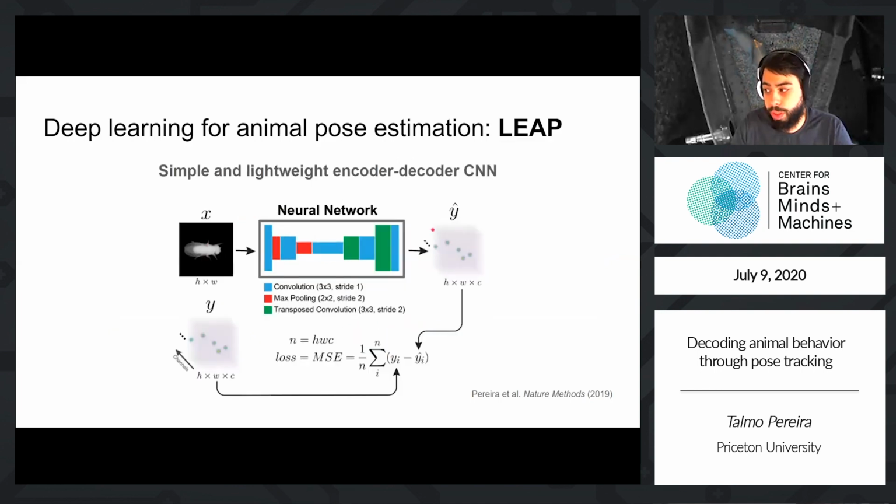Getting into the details here, the idea was to create a simple and lightweight encoder-decoder style convolutional neural network. What that means basically is that we start with the raw image of our animal. That's going to be fed into a series of convolutions with pooling.